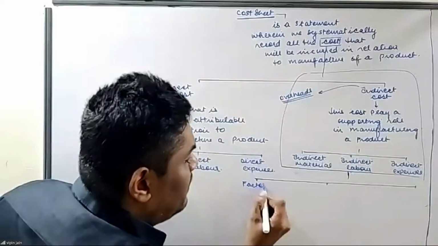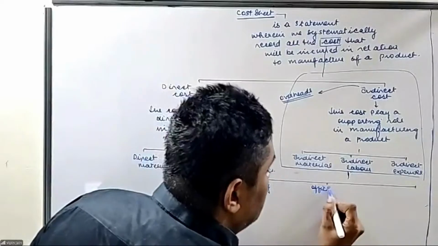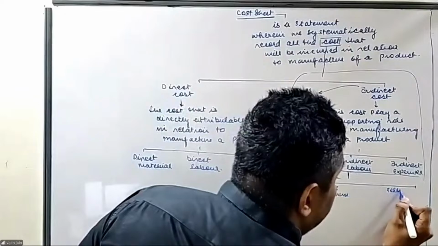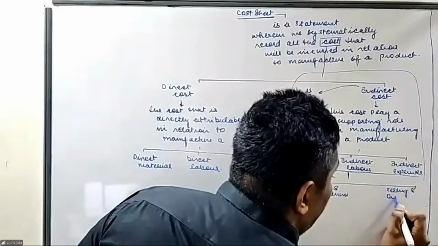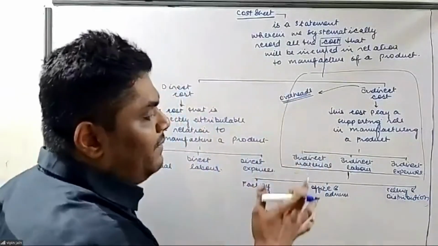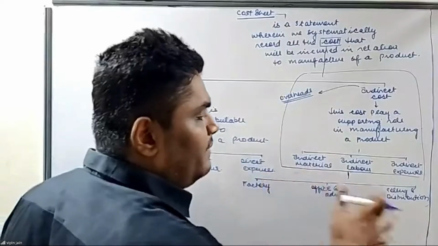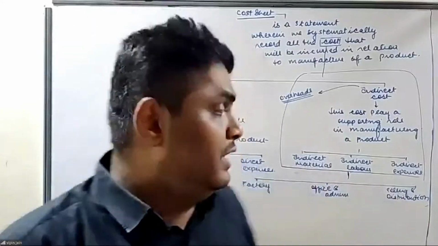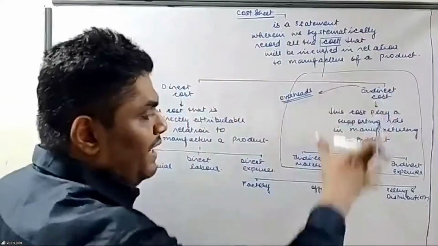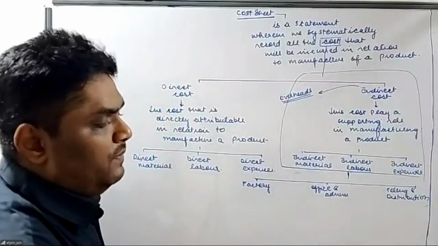That is factory, office and administration, and selling and distribution. So in short, indirect material can be at factory also, at office and administration also, and at selling and distribution also. Same goes with indirect labor and indirect expenses.